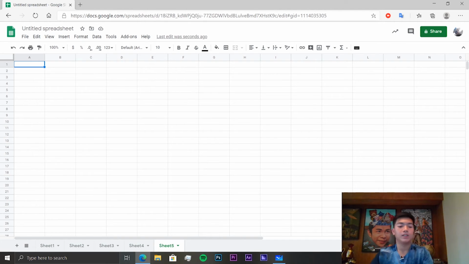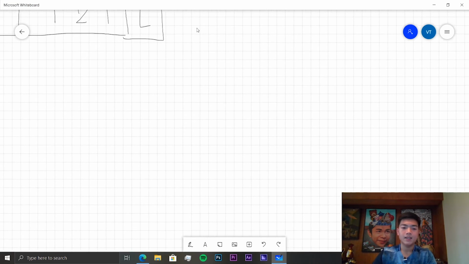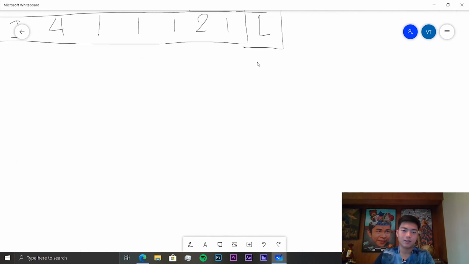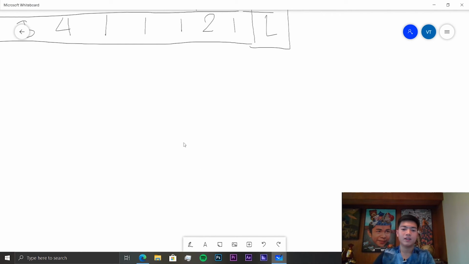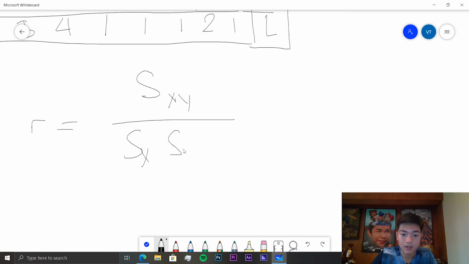Okay, so sorry, I'm back. So how do we calculate the product moment coefficient? Before this we've been using our calculator, but now we have to look at the actual formula. So the coefficient is equal to s of x and y over s of x times s of y. And so what is s?